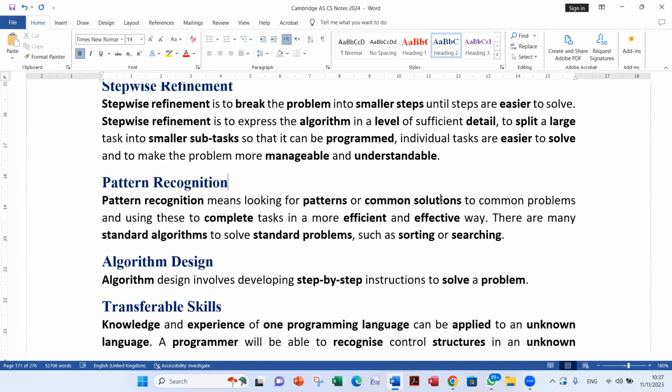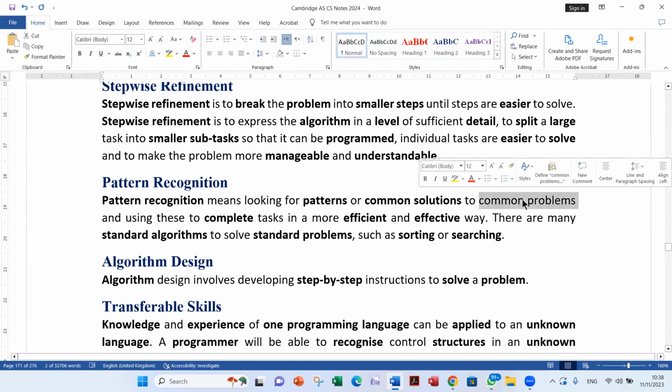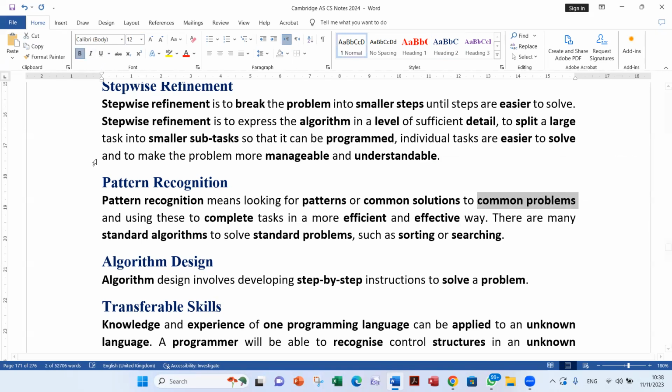Just look at the efficient algorithms in textbooks and use them. We don't want your task to be harder. So pattern recognition means looking for patterns or common solutions to common problems. What are these common problems? Search and sort. Use these to complete the task in a more efficient and effective way.